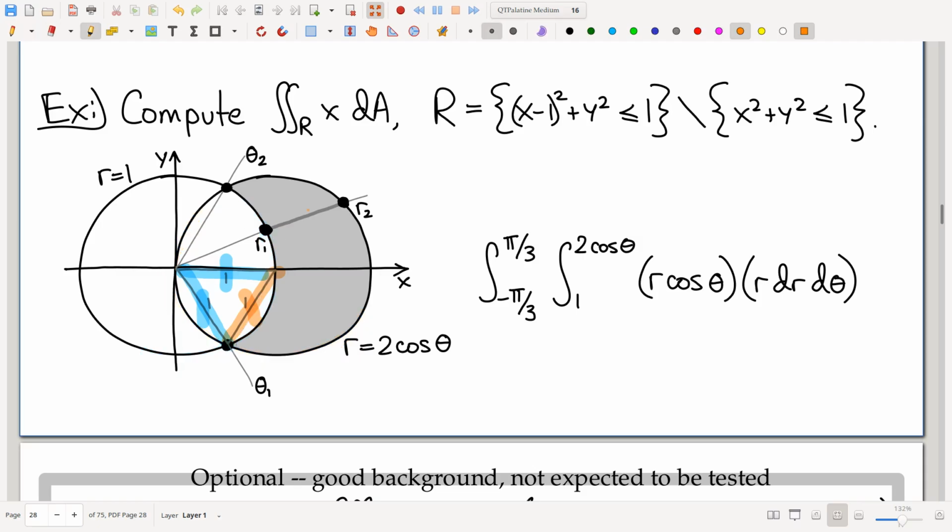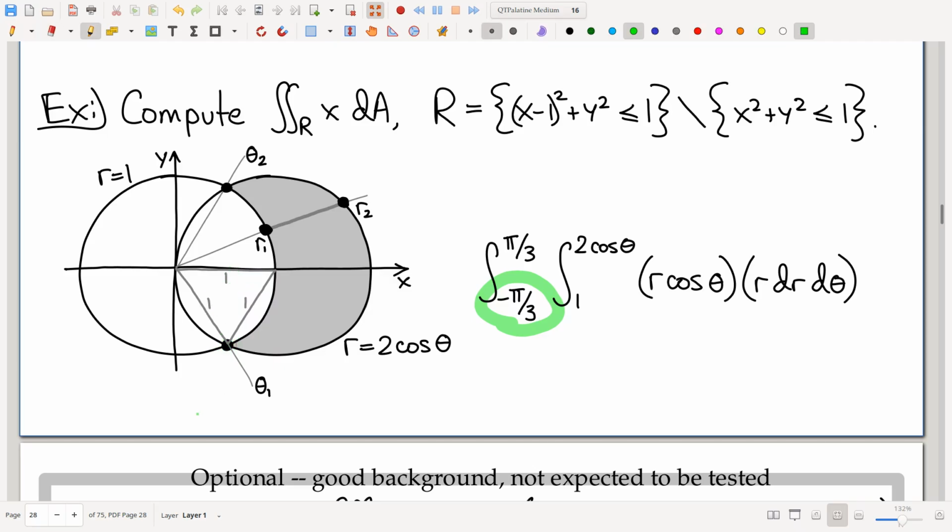We know angles on an equilateral triangle, and that tells me that this first theta slice, the value of theta there, is negative pi over 3. So just a nice little geometric hack. Comes up more than you'd expect. Nice little trick to have in your toolbox. Everybody happy with that?